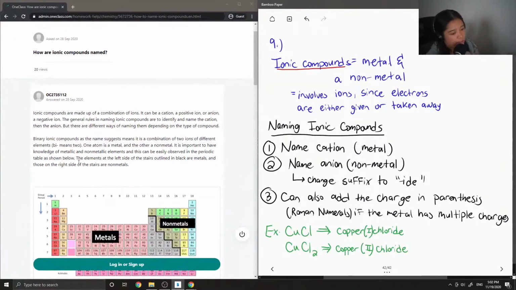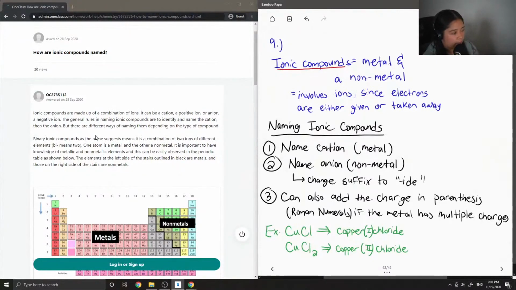Okay, so pretty straightforward. The junior tutor said that ionic compounds are made up of a combination of ions. It can be a cation or an anion. The general rules in naming ionic compounds are to identify and name the cation, then the anion. There are different ways of naming them depending on the type of compound.